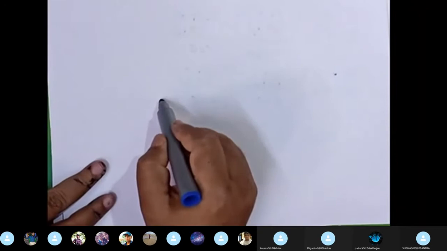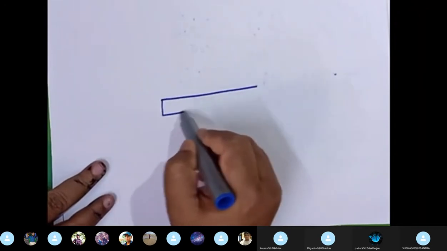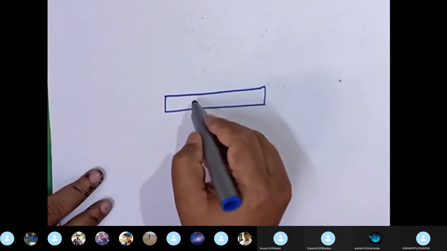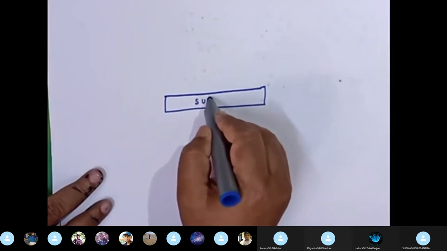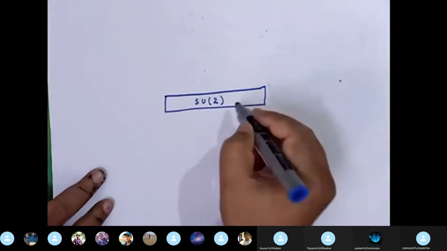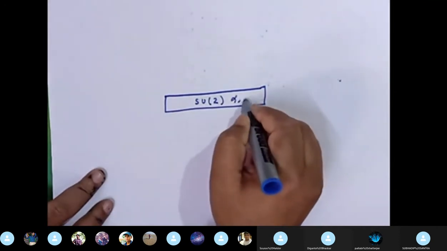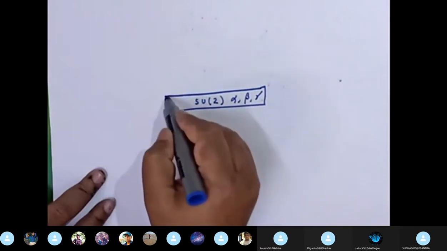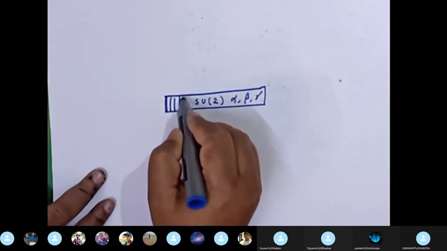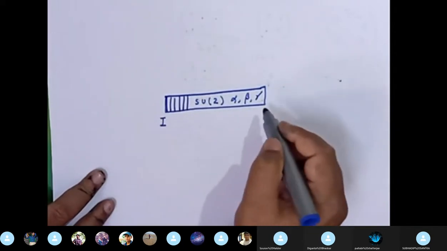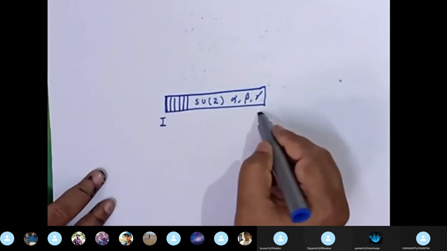So this structure is like this. Basically, you have this SU2 group, having 3 parameters: alpha, beta, gamma. Suppose these different elements of the group are like this. So this is identity, and this is, suppose, minus identity.